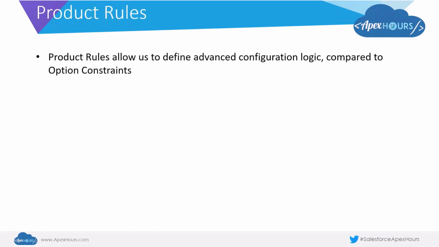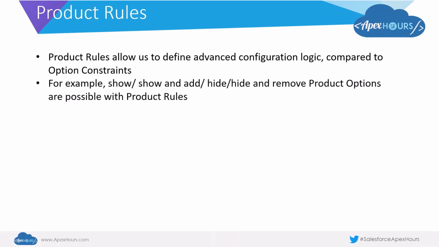So product rules allow us to define configuration logic that is more advanced than option constraints, but it also happens to be more resource intensive. So when you're considering possible approaches for logic, take into account things like performance. Keep in mind that option constraints are perfectly capable of handling dependency and exclusions, and we can have more of them defined relative to these product rules, which are a little bit more intensive.